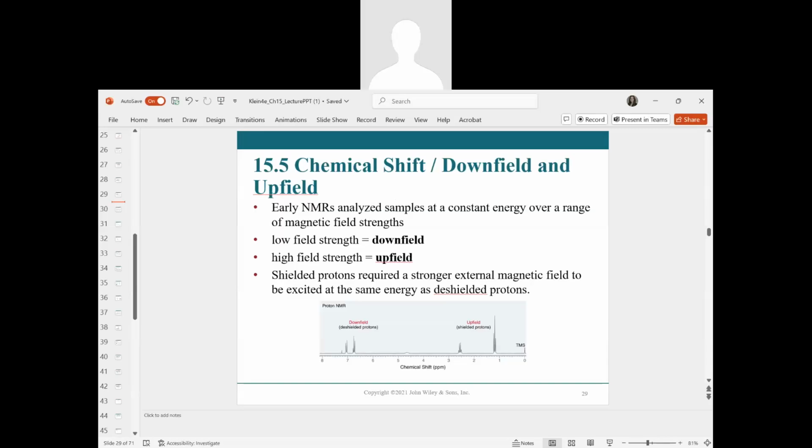So upfield, you are closer to that zero marker. And we can see that these shielded protons will require a stronger external field to be excited at the same energy as deshielded protons. So that's why they have a chemical shift that's a lower ppm value.